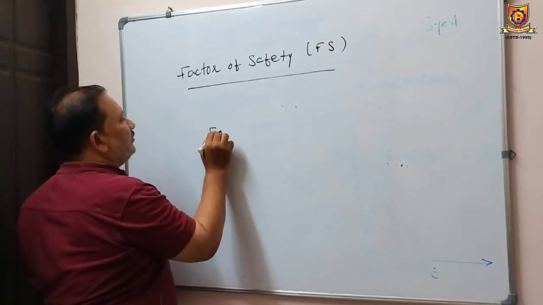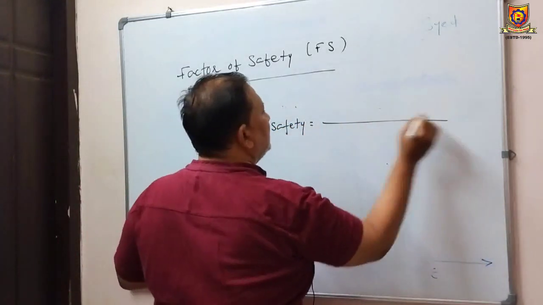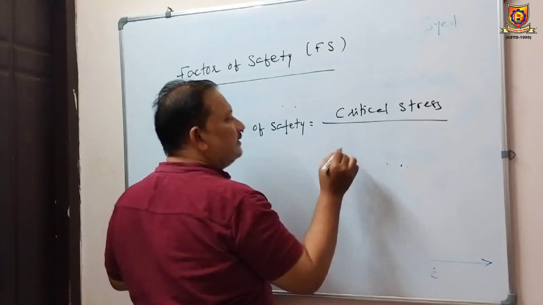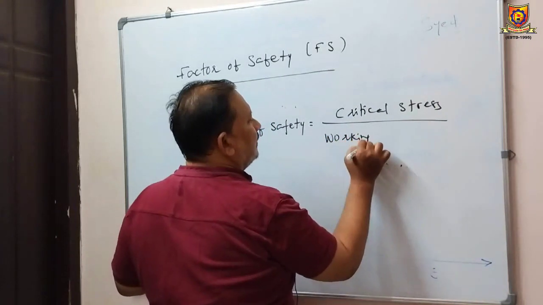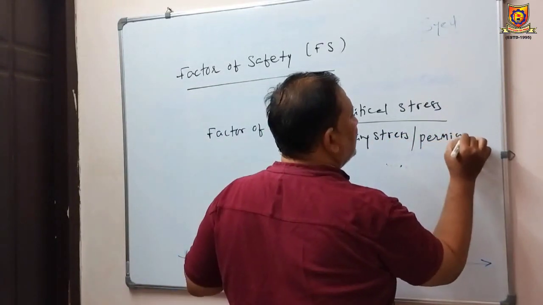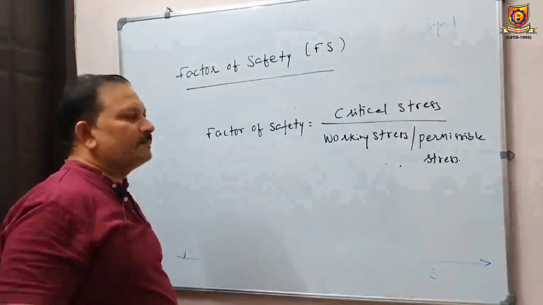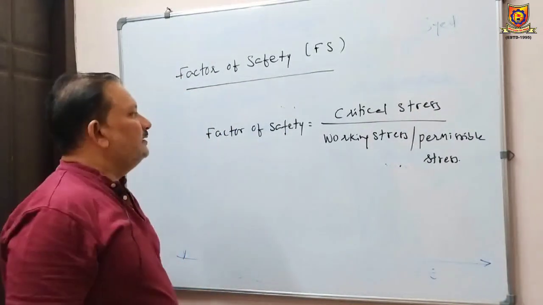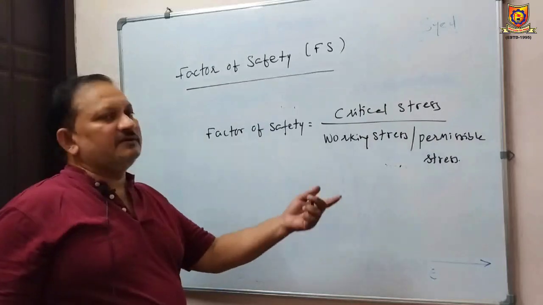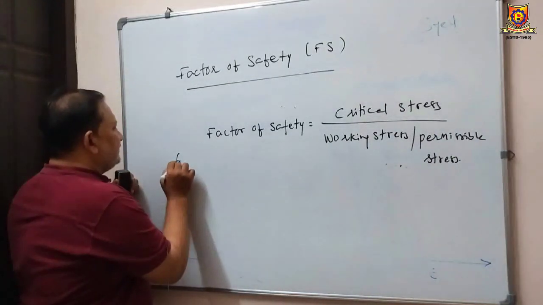Factor of safety is the ratio of critical stress to the working stress, or you can say permissible stress, or you can say design stress, right?